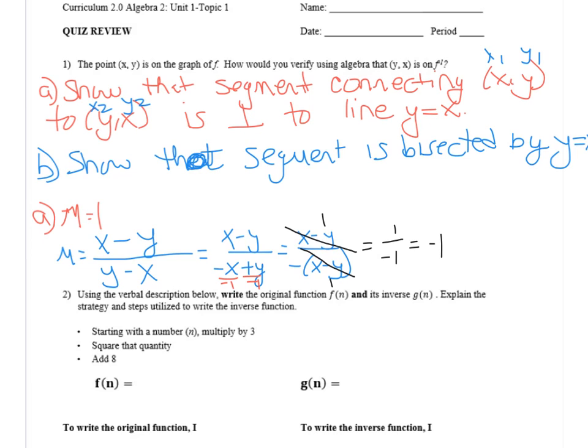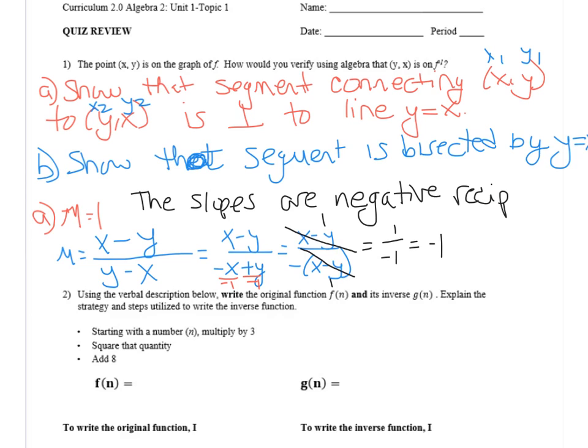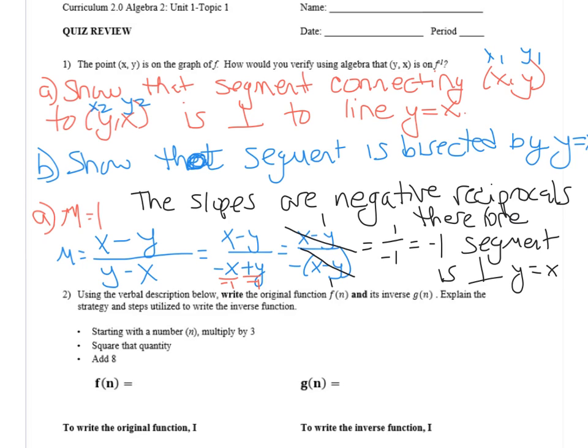So to show that the segments are perpendicular, the slopes are negative reciprocals. Therefore, the segment is perpendicular to y equals x.